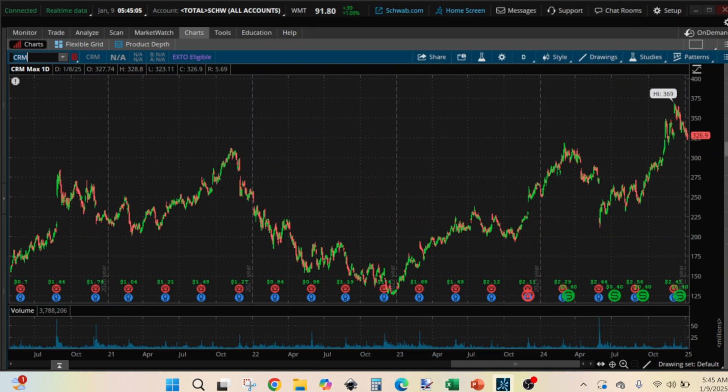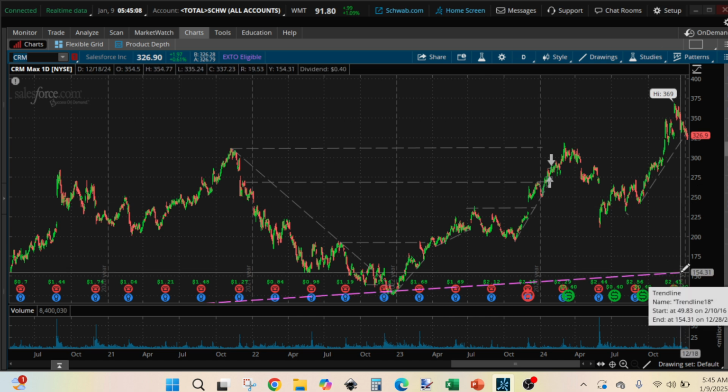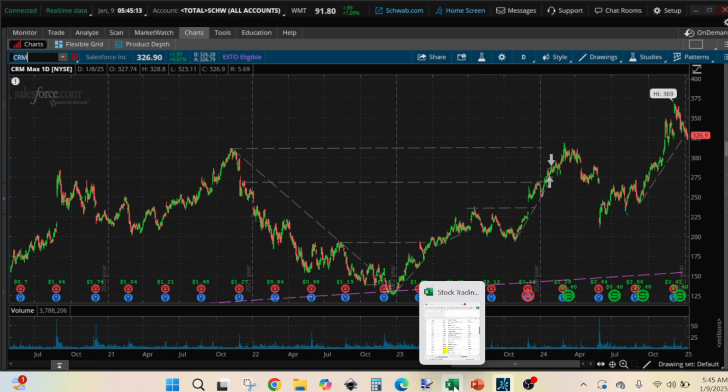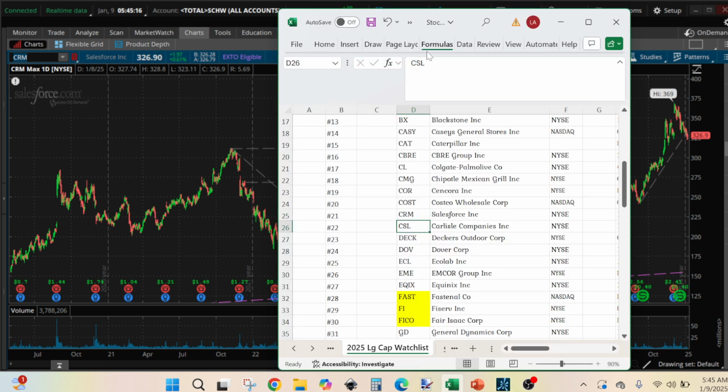So CRM, we like to buy it at this trend line, and right now this trend line ended, it is going down. CSL.